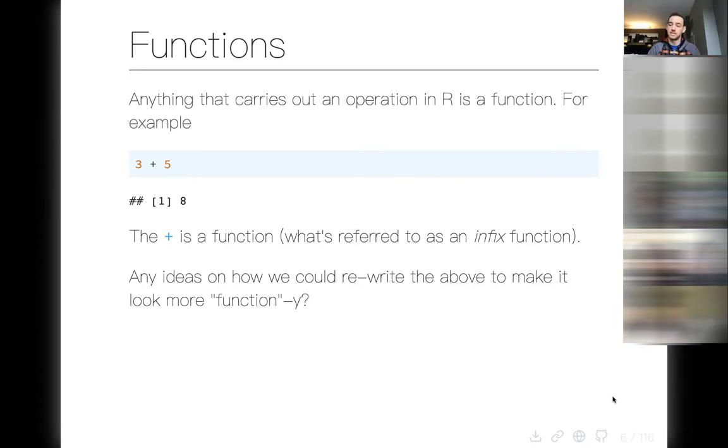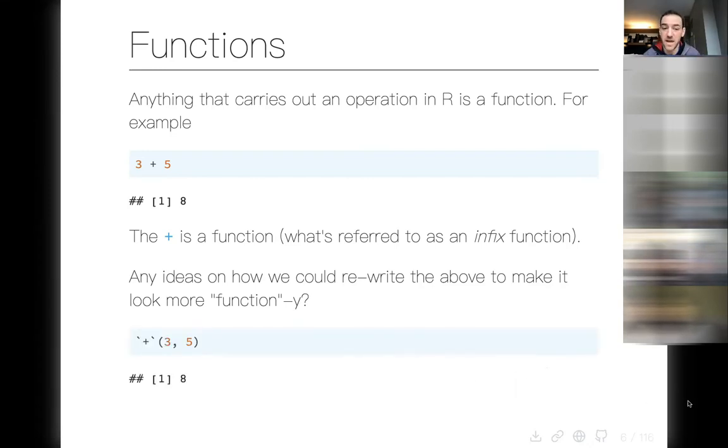So in R in particular, this isn't always the case, but in R, every time you see parentheses, whatever the thing is that's before those parentheses is a function, okay? So we could actually rewrite infix functions so they look more like normal functions. We just have to surround them with backticks, okay?